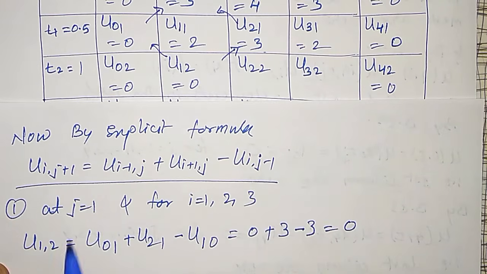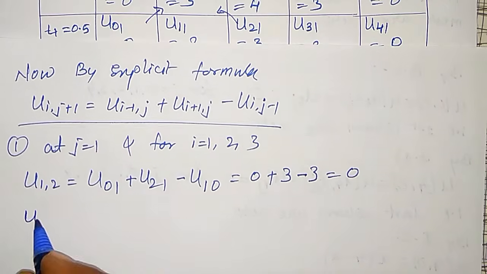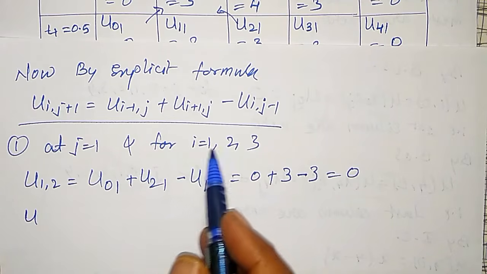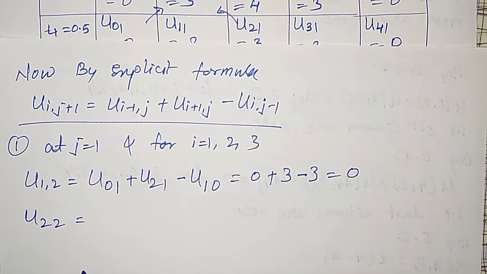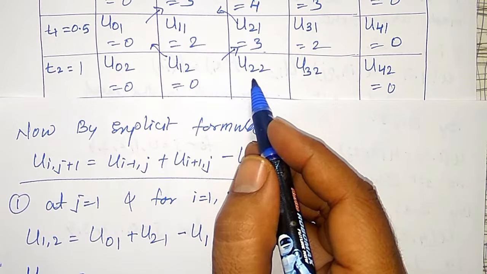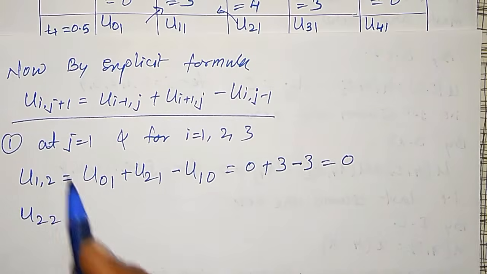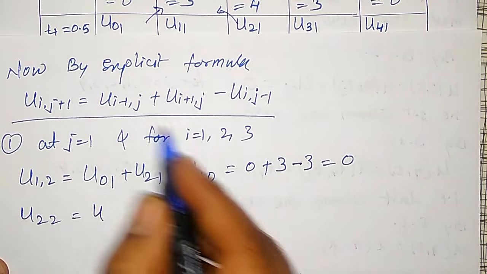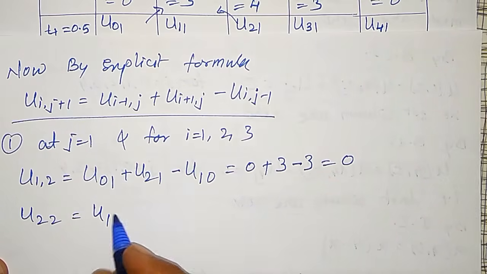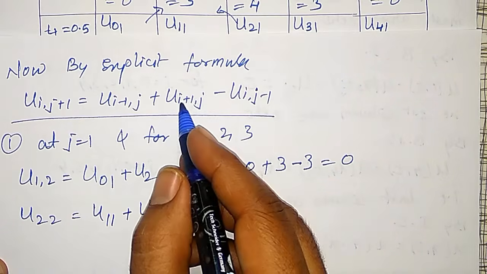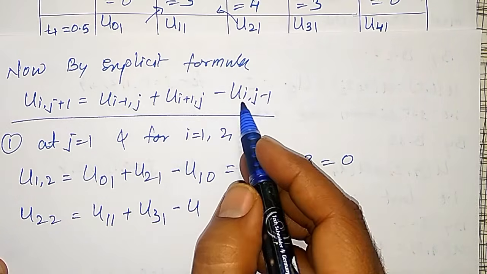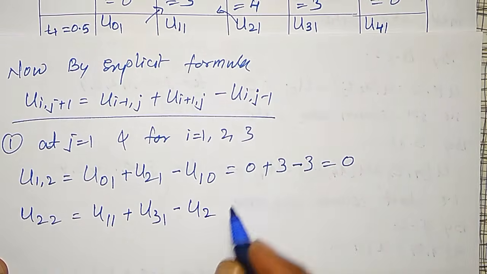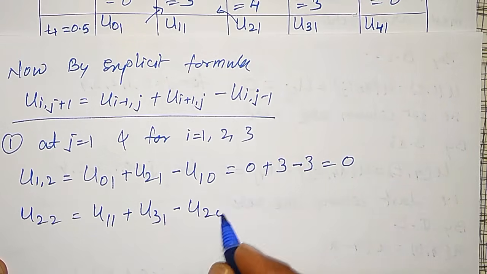Similarly for j equal to 1 and I equal to 2 now, next j equal to 1, I equal to 2, that is u22. To find out this u22, this becomes u of I equal to 2 minus 1 is 1, j equal to 1 plus I equal to 2 plus 1, 3, j equal to 1, u31 minus u of I equal to 2 and j minus 1, again it is 0.